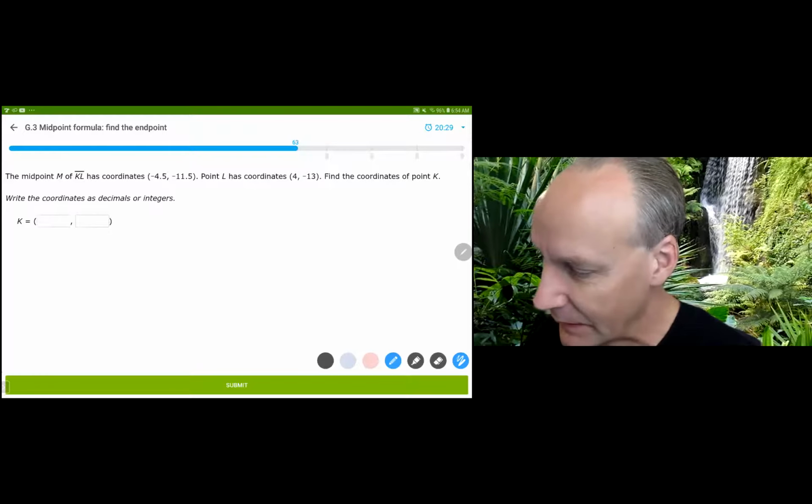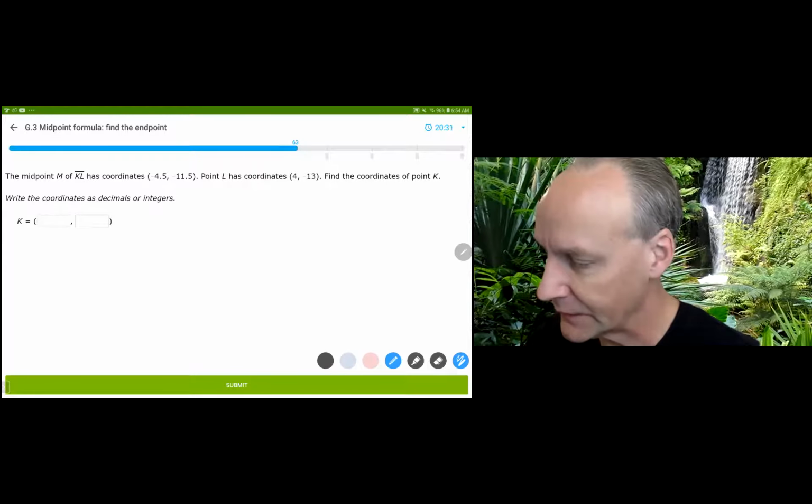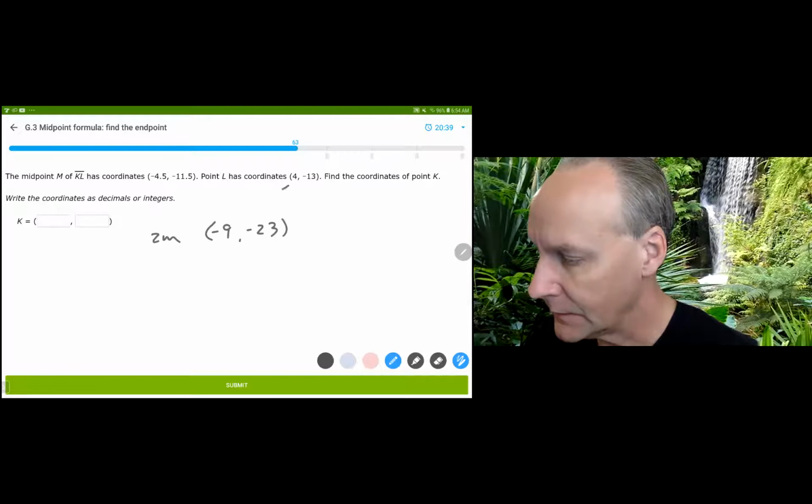So double my midpoint. Okay, so there's my midpoint. So double my midpoint, 2m, is negative 9 and negative 23. And I need to add x. It needs to be negative 13 to give me negative 9. And negative 13 plus negative 10 gives me negative 23.